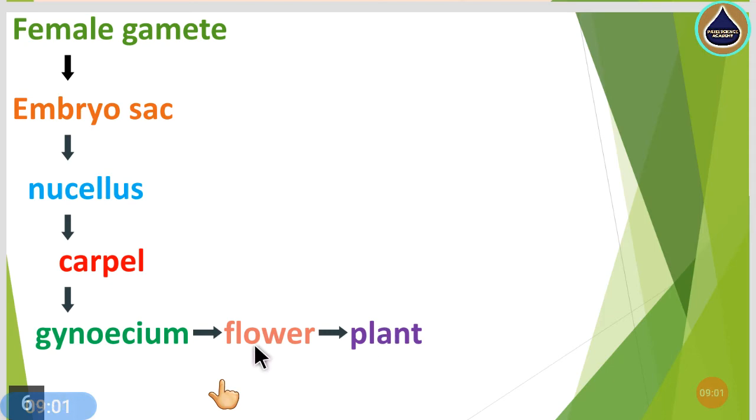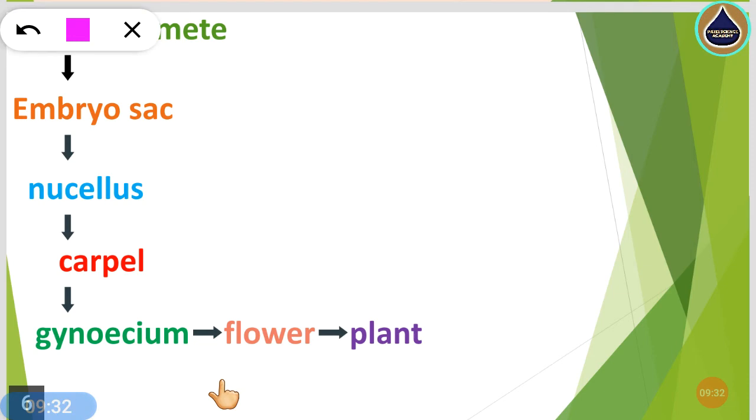The plant has a flower, and the flower has a female reproductive sexual part. It is called gynoecium, and the single unit of the gynoecium is called carpel, and in the carpel it is found in the nucellus, and in the nucellus there is the embryo sac, and in the embryo sac there is an 8 cell structure, out of which one cell is called female gamete, that is called egg.